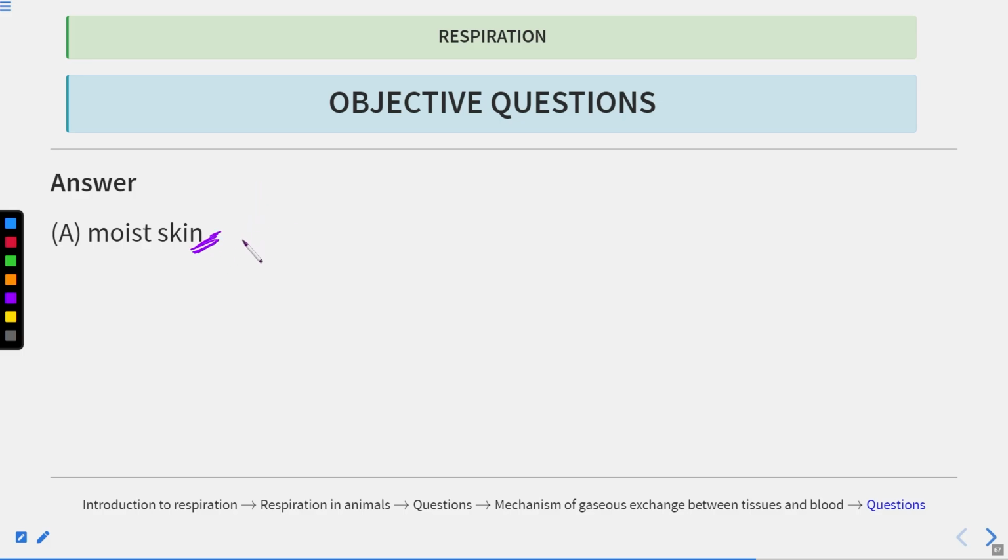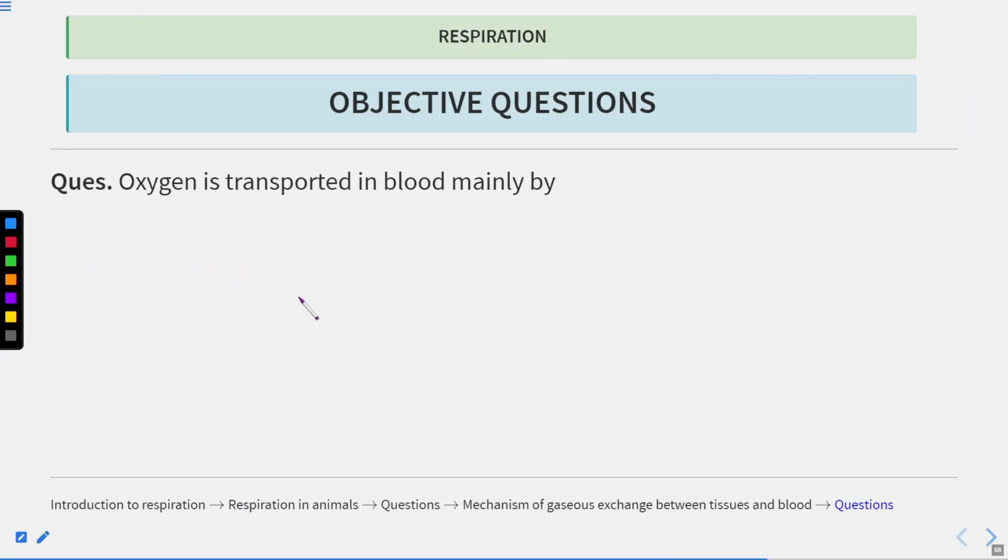The skin is very thin and very moist, and below the skin, the blood capillaries are present, which help in the exchange of the gases. These blood capillaries are present just below the skin. Now, let's talk about the next question.